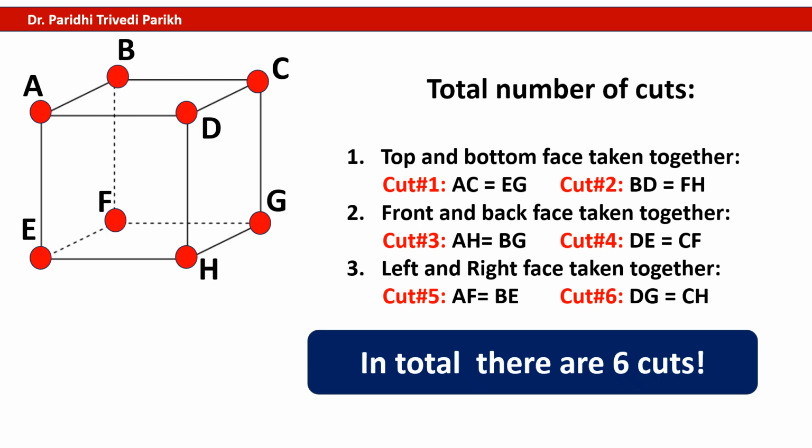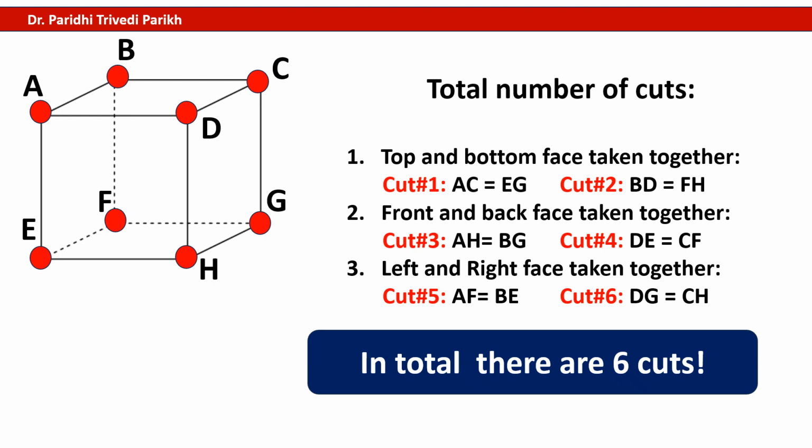Cut 3 is AH or BG. If I cut along AH, I end up at BG, which means they both give the same effect, a merged output. Cut 4 is DE or CF. Cut 5 is AF or BE. And cut 6 is DG or CH. So there are 6 cuts in total.